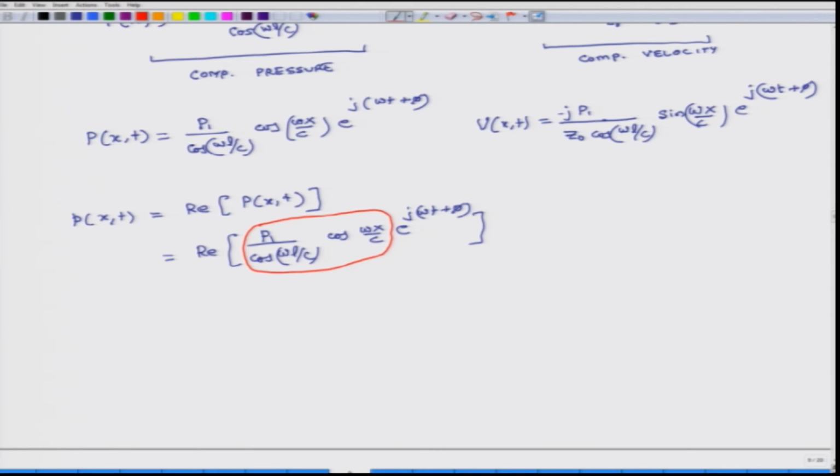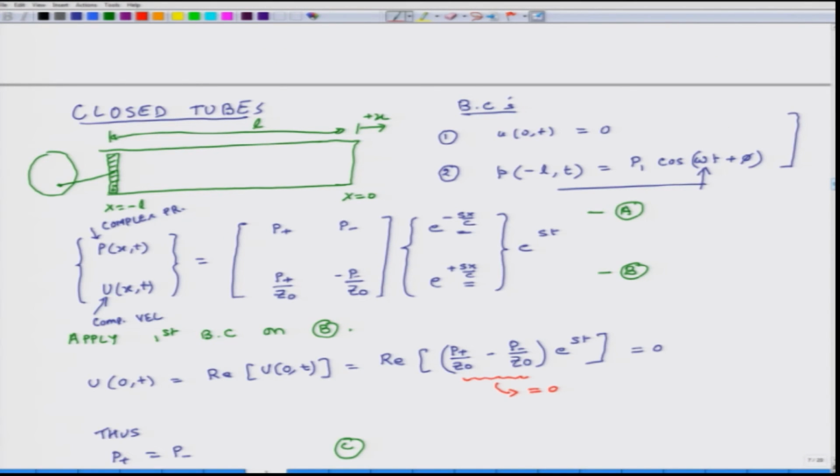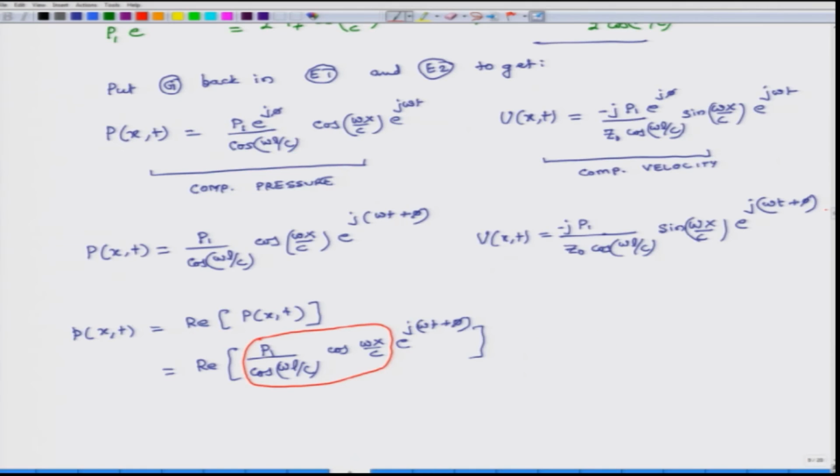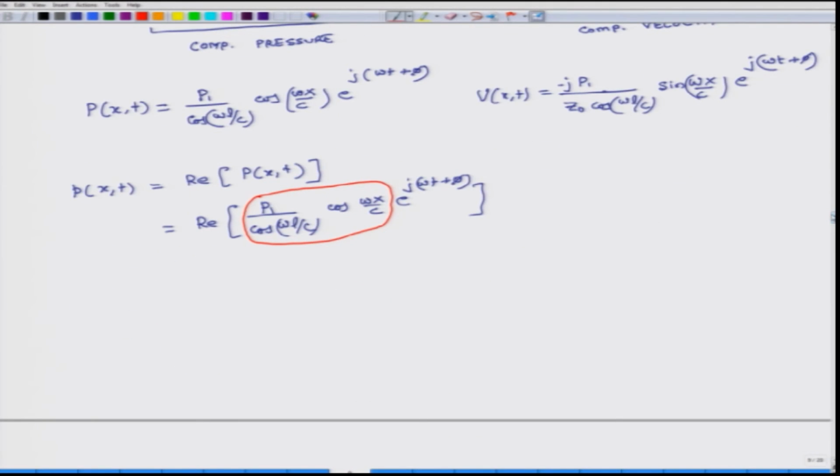So, this can just come out of the bracket right away. P1 is real because we have defined it as such. P1 is this entity, and we are saying that we know it and it is a real number. So, P1 is real, omega is real, L is real, C is real, x is real. The only thing complex is e^(j(ωt+φ)). So, this red part can come out, and the real component of e^(j(ωt+φ)) is cos(ωt+φ).